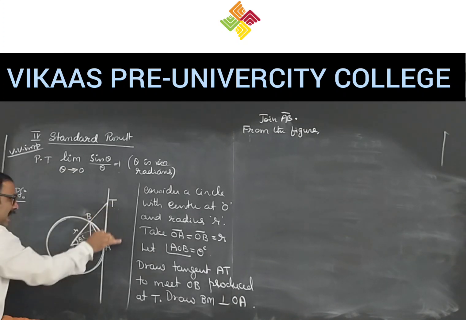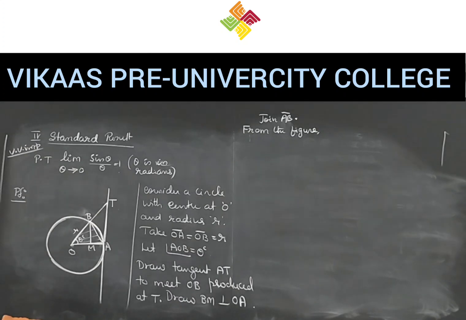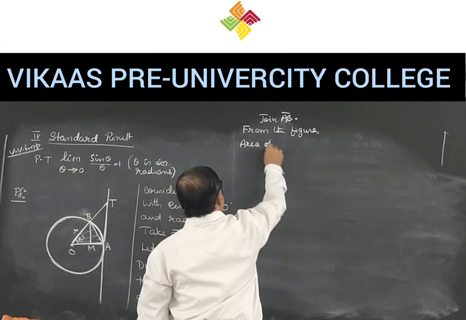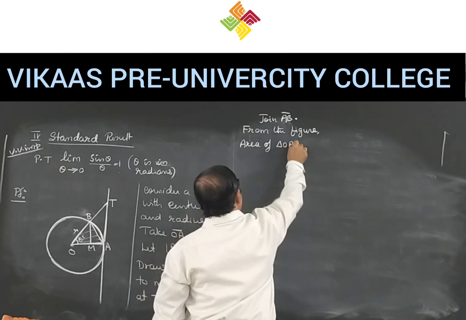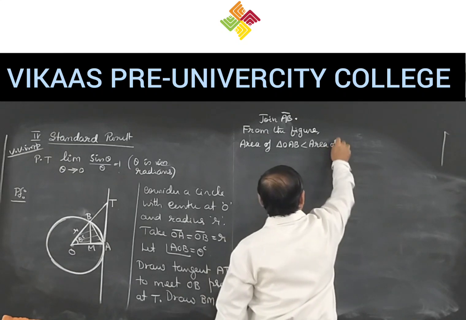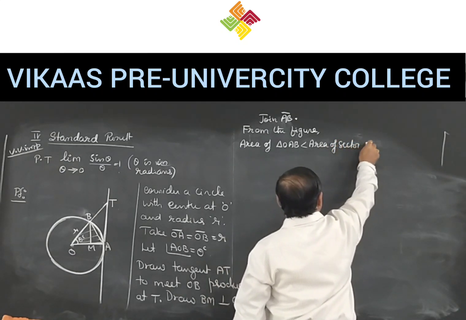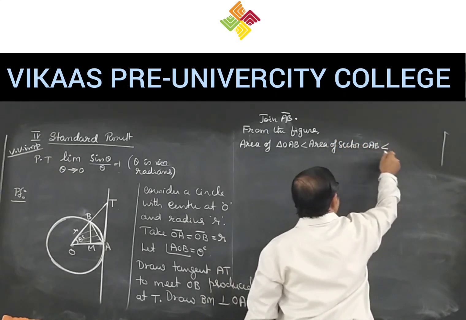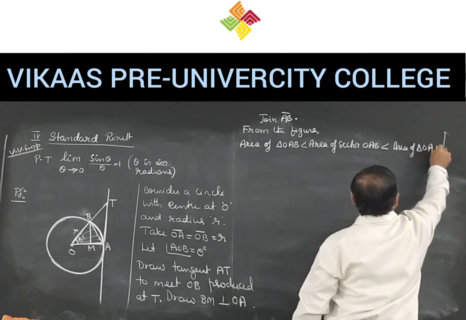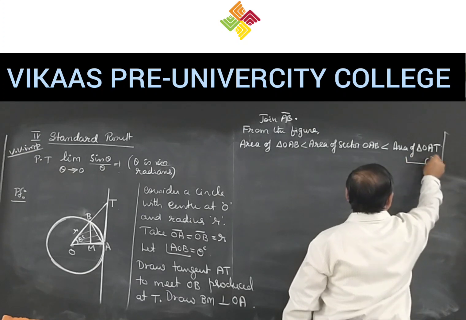And this is triangle OAB. So area of triangle OAB less than area of sector OAB less than area of triangle OAT. Take this as equation 1.